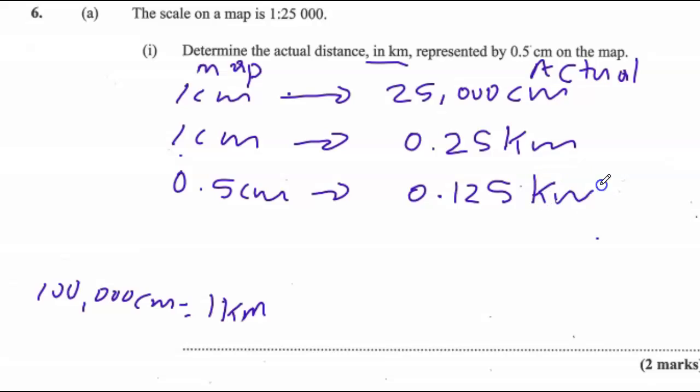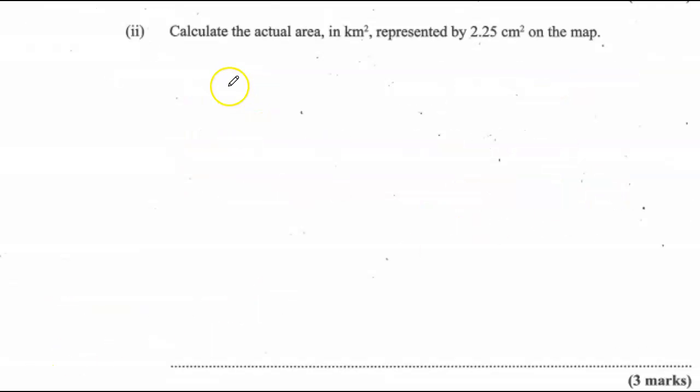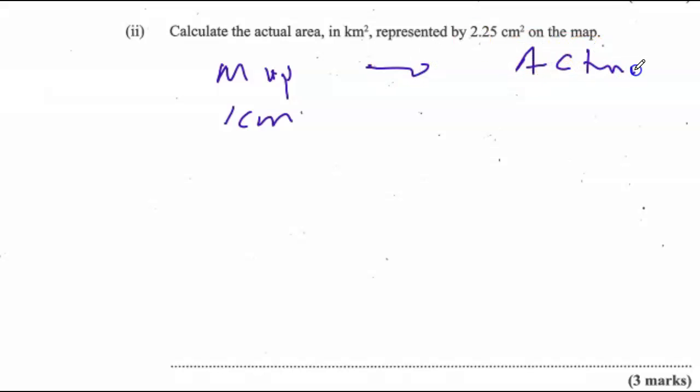So that's the approach you could have taken. Let me rewrite the scale in kilometers this time. On the map, a centimeter is, we said, 25,000 centimeters, which we said was 0.25 kilometers.